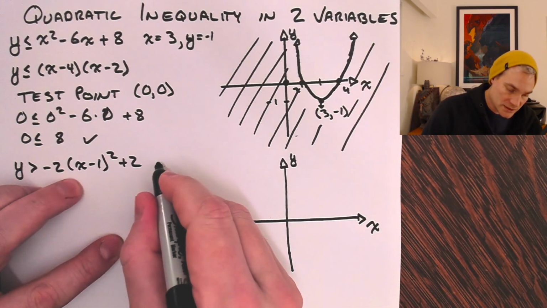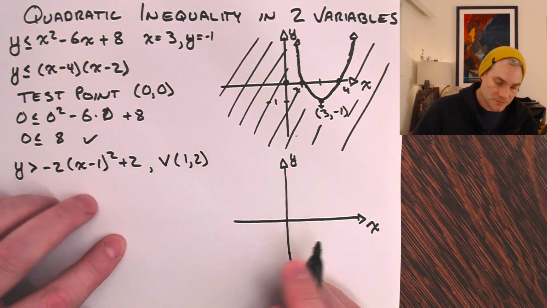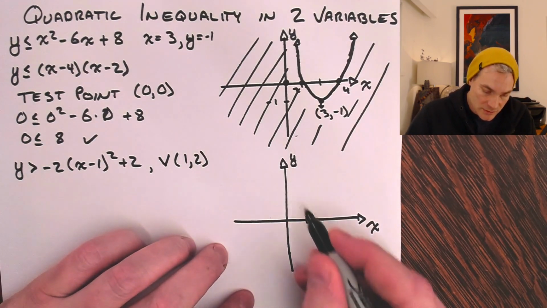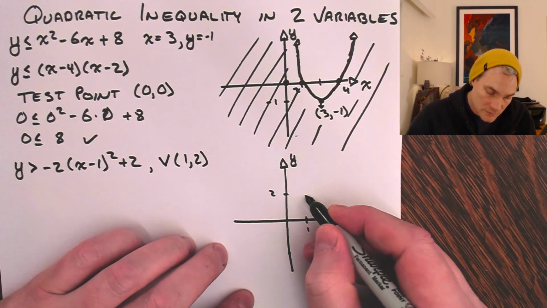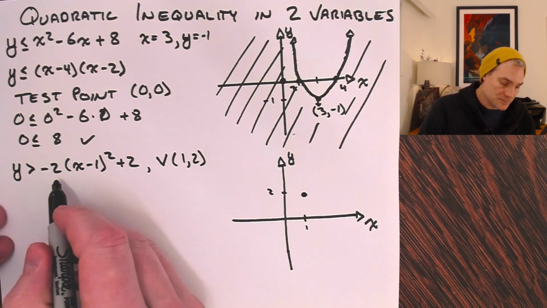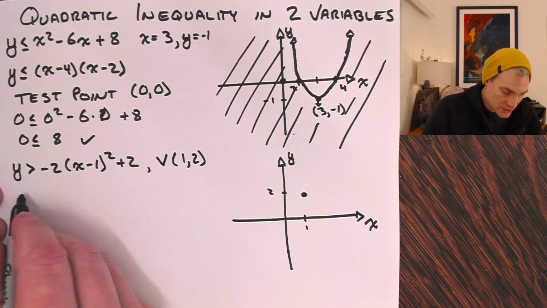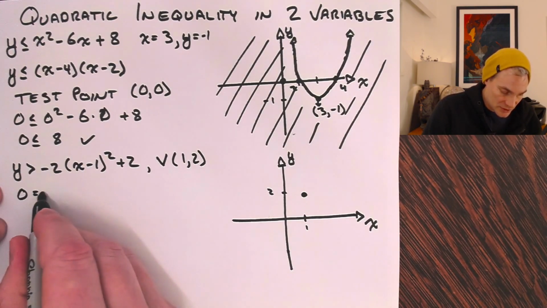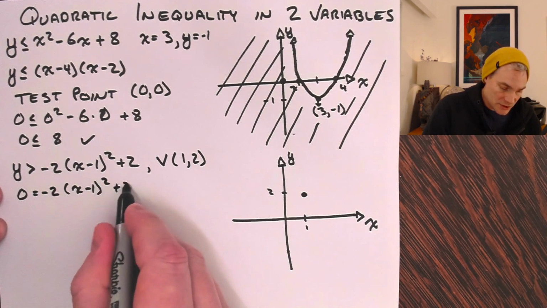The vertex is 1 comma 2. And the parabola opens downwards. So let's find our roots. Our roots are when y equals 0. So that would be 0 equals negative 2 times x minus 1 squared plus 2.